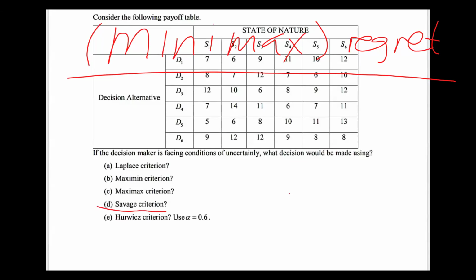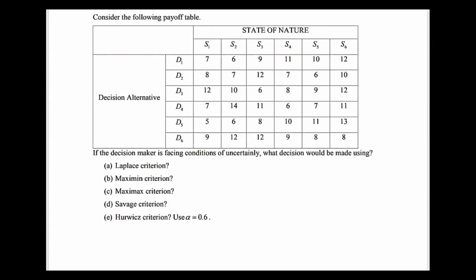All right. Let's progress. What we need to form is what we call a regret table or a regret matrix. Now listen carefully. When you're forming a regret matrix, you have to move along the states of nature. It's different from the other approaches where you're moving along the decisions. Here you move along the states of nature.